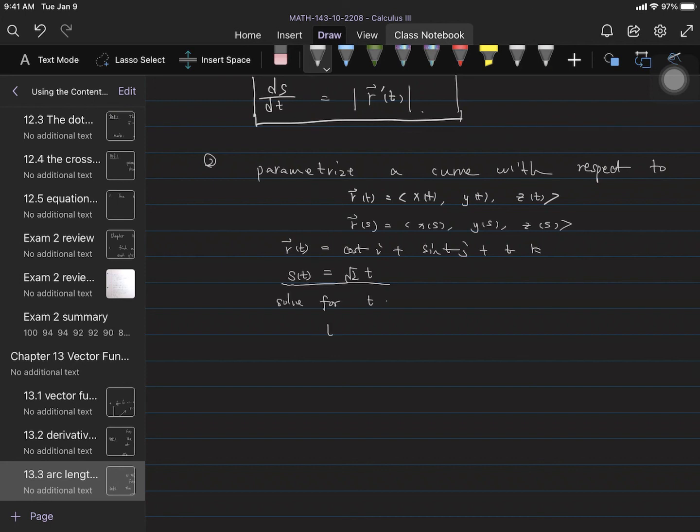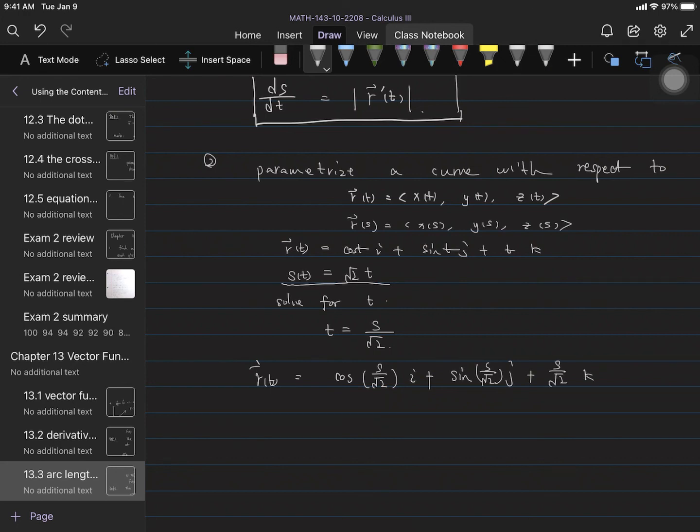So let's see, t equals s over root 2. Now we plug this into our vector function r(t). So what does r(t) become? Cosine of t, and t now is s over root 2, and sine of s over root 2, j, plus t k, with t as s over root 2.